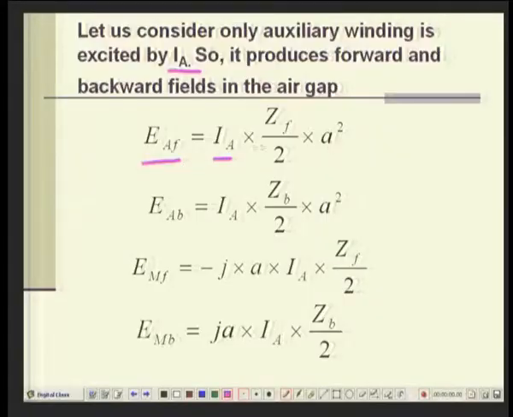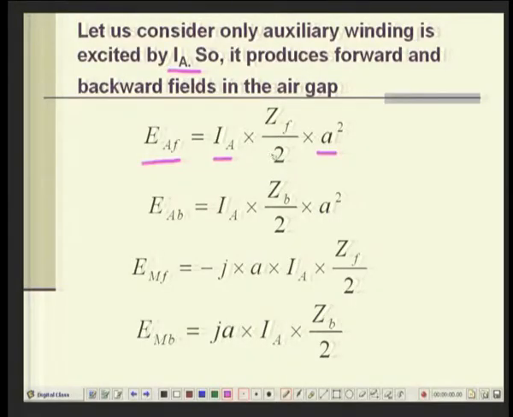But now, since the A winding has more turns, the voltage is proportional to A square, because the MMF is increased and the flux is increased. The voltage is proportional to flux, and the flux is proportional to current.